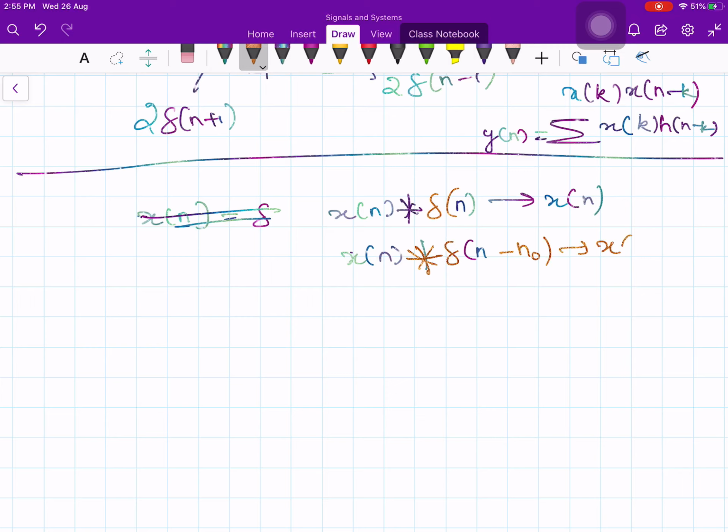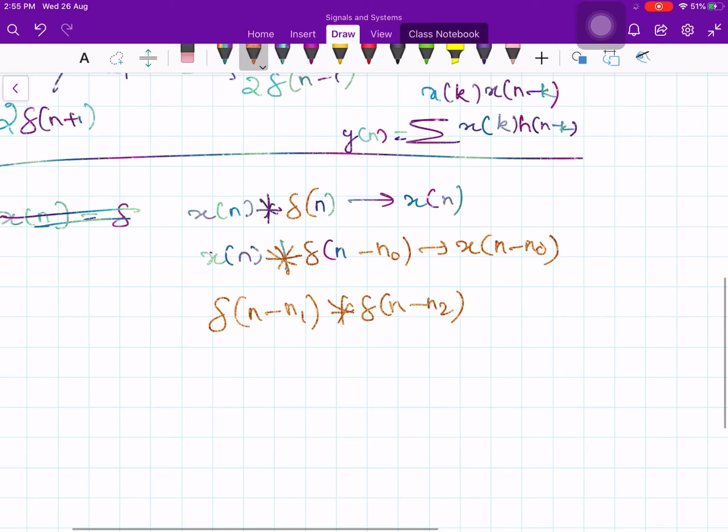Or del of n minus n1 convolved with del of n minus n2 is going to be del of n minus n1 minus n2, like that.